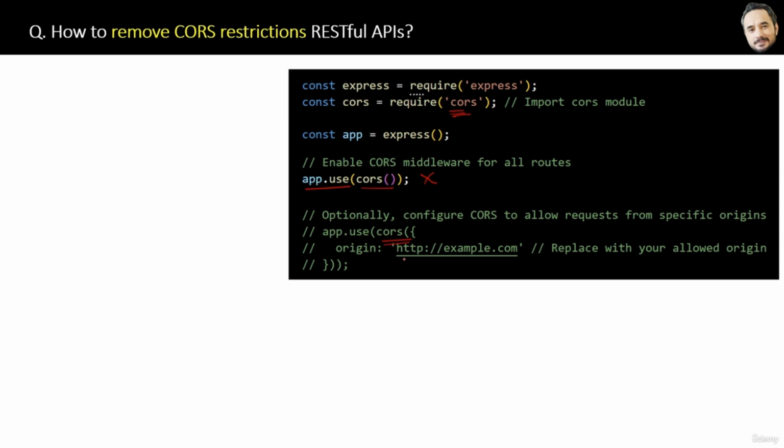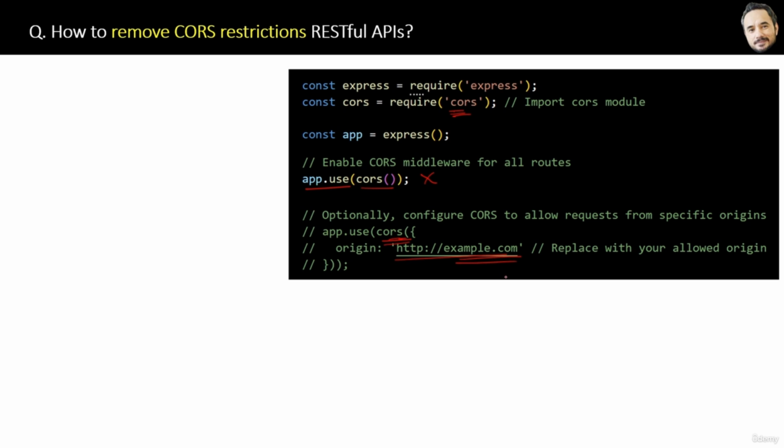Here in the parameter of the CORS middleware, you can configure the domain website name for which CORS restrictions will be removed. So for example, only this example.com website can access the data from this API, but for other websites the CORS restrictions will be there.